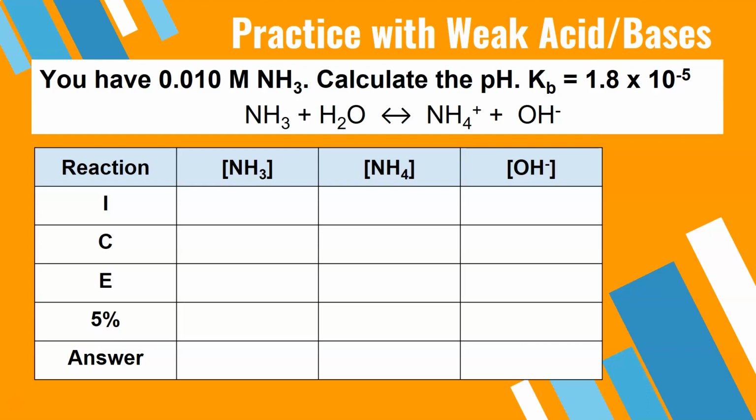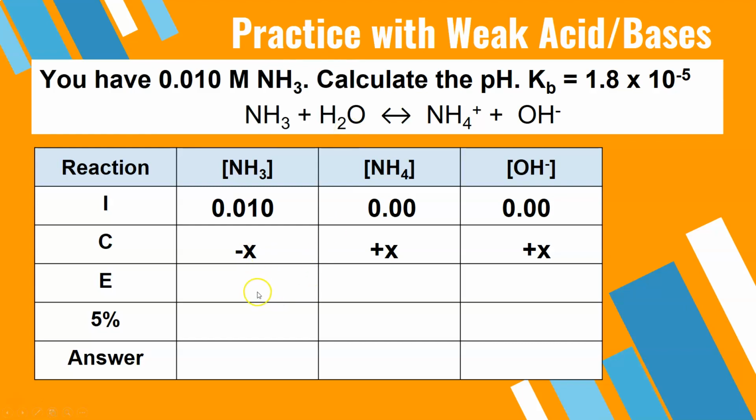All right. Our initial concentration here was 0.01. We didn't have any product to start. Once again, it's kind of nice. It's a 1-to-1. Remember, we left the water out because water is a liquid. We don't care.